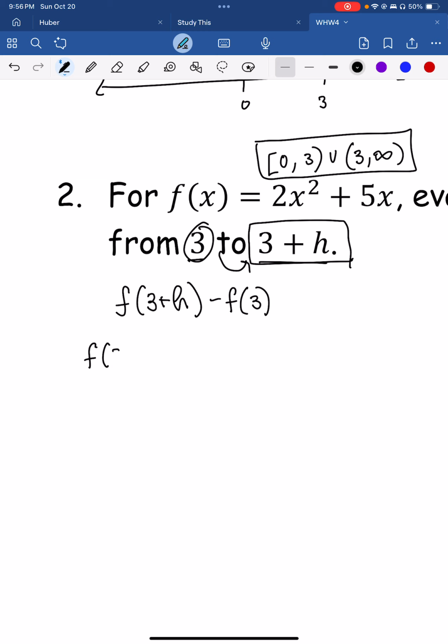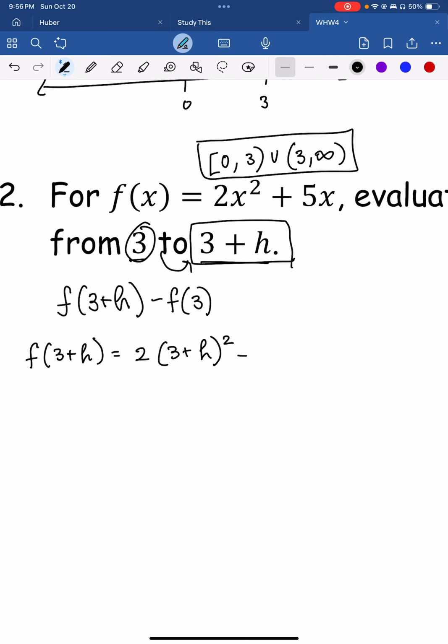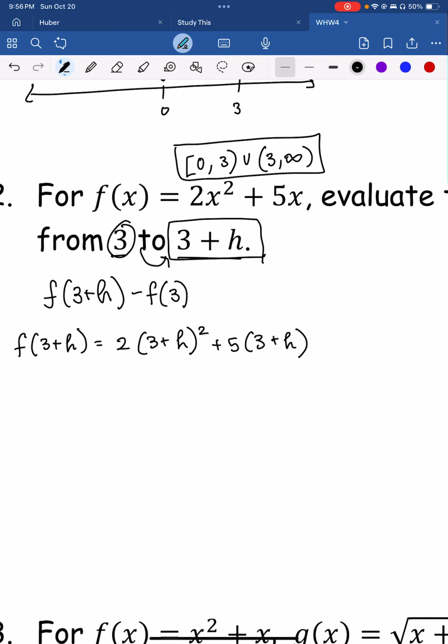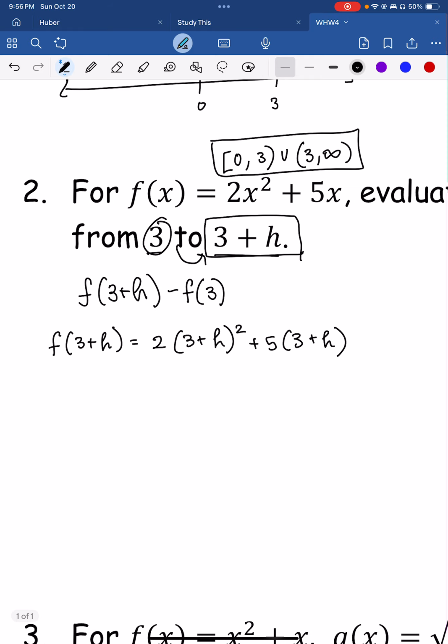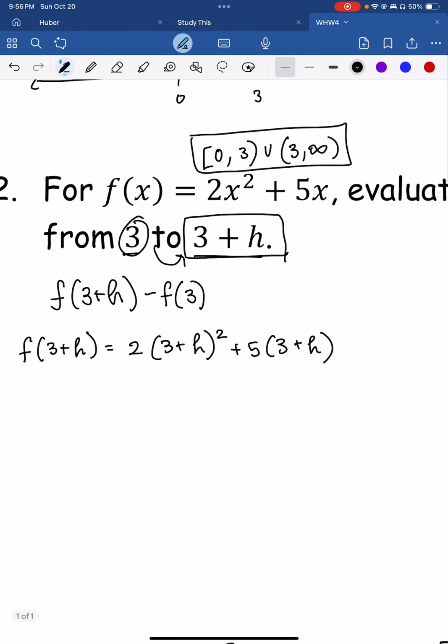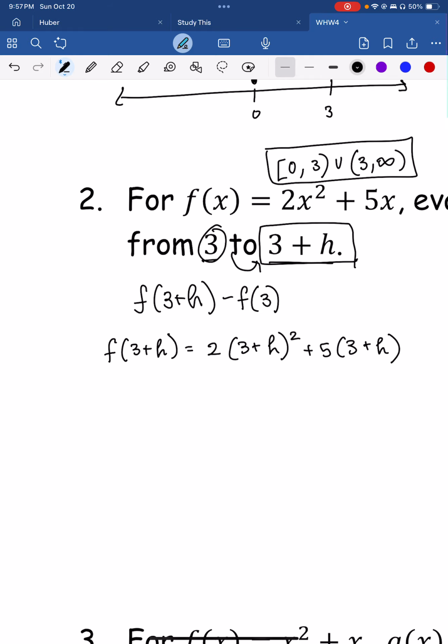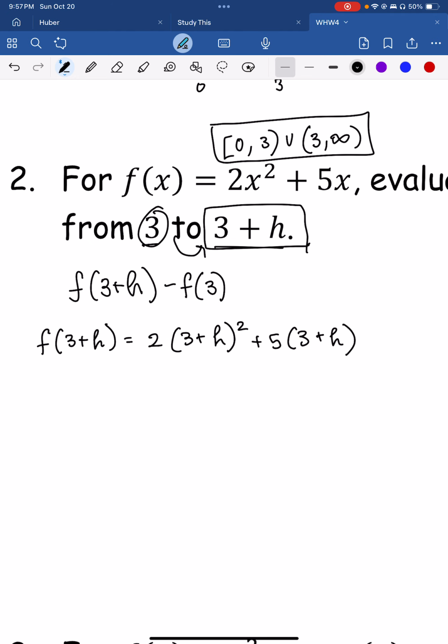So f of 3 plus h is equal to 2 parentheses, and it's very important to use parentheses for these kinds of problems to stay organized, 3 plus h. And you have a choice. You can do them separately and combine them after, or you can just write a super long equation.